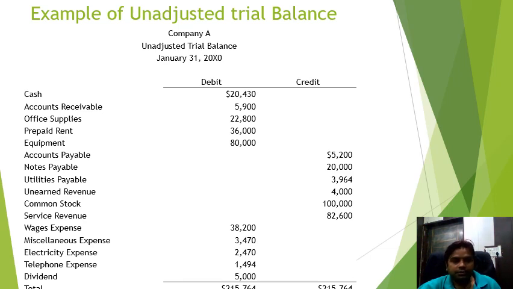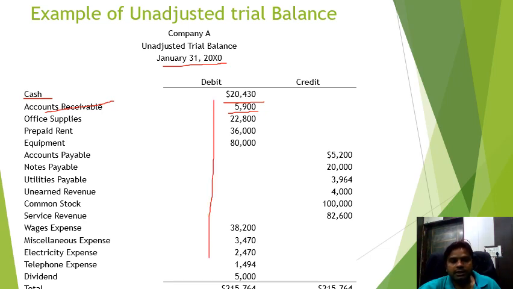For example, the closing balance of the cash account at the end of the month is $20,430. Same for accounts receivable, it's 5,900, office supplies 22,800, prepaid rent 36,000, and so on.